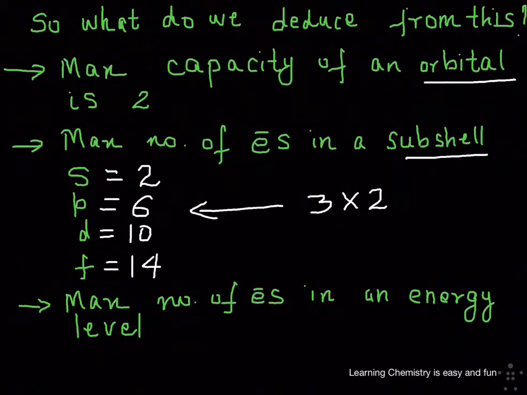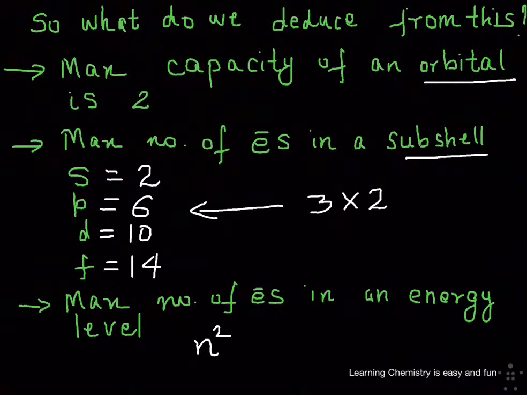So, with the help of Pauli's exclusion principle, we are able to predict the maximum number of electrons in any orbital, the maximum number of electrons in a subshell, and the interesting part is it also gives me the maximum number of electrons in any energy level, because we have seen that the maximum number of orbitals is n square, and each orbital can take in how many electrons? 2.